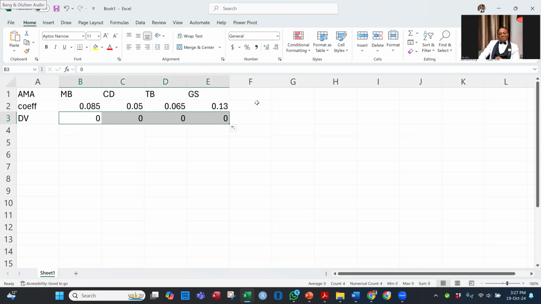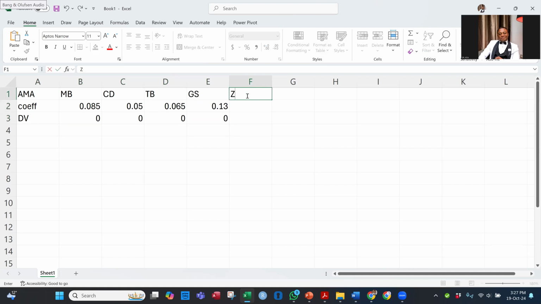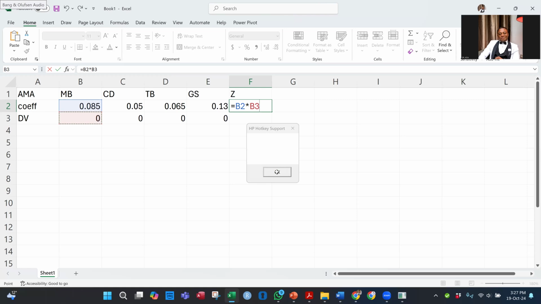We don't know them, so we initialize their values to 0 for all of them. Now we need to write the Z value. So on the right here, I'm going to write the Z value, which is the total investment. Total investment will be Z. You will take the coefficient, you bring your times, take the decision variable, press the F4 key, plus take the second one times the decision variable, press the F4 key.